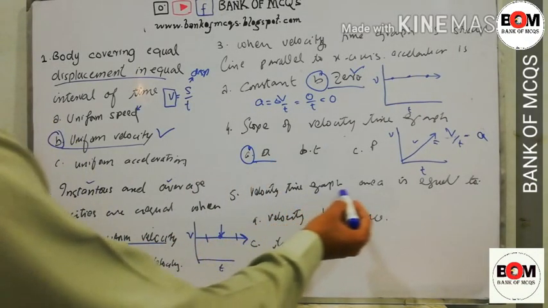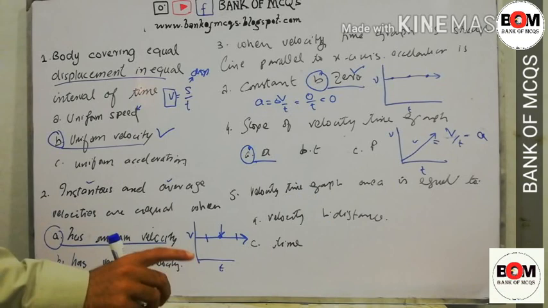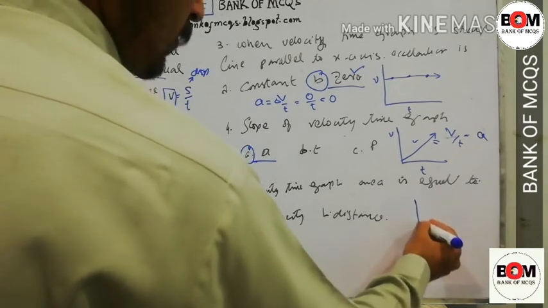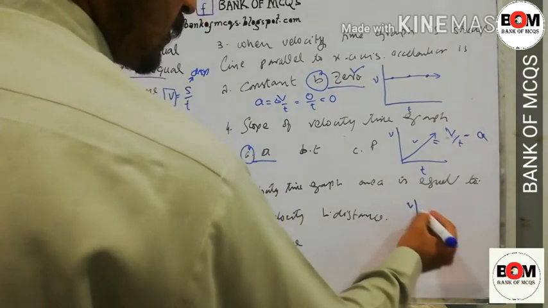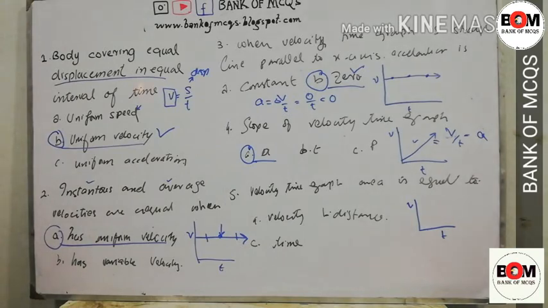Now the area of the velocity time graph is equal to what? The area between the velocity time graph and the time axis is numerically equal to what? If this is the velocity time graph, to find the area we multiply v by t.